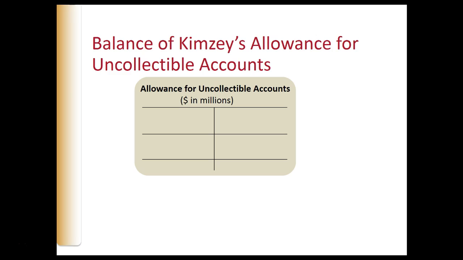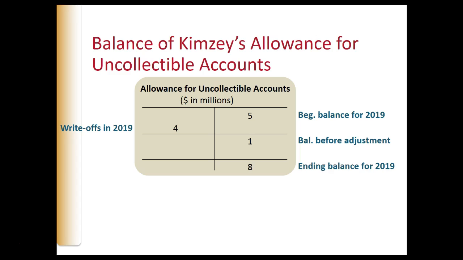At the end of 2019, Kimsey must once again estimate uncollectible accounts and make a year-end adjustment. Kimsey estimated bad debts in 2019 to be $5 million, but only $4 million was actually written off. This means the balance of the allowance at the end of 2019, prior to any year-end adjustments, is $1 million.